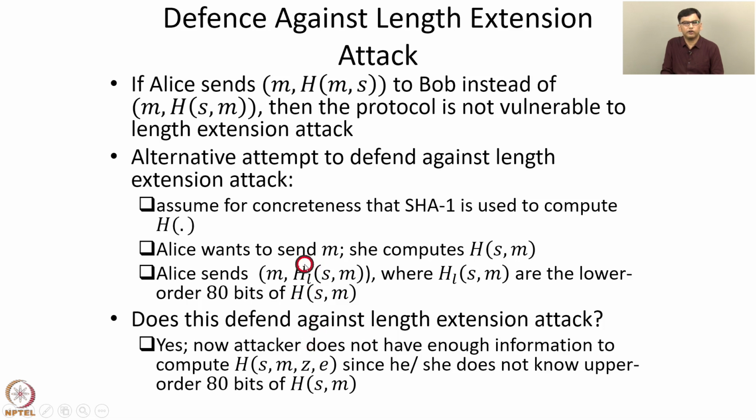But the legitimate receiver of the message is able to verify the message authentication code because they know the secret s. They can concatenate s and m and find its hash, and then check whether the low order 80 bits match the value hl s comma m sent by the sender. So the receiver is able to verify the MAC, but this scheme defends against the length extension attack.